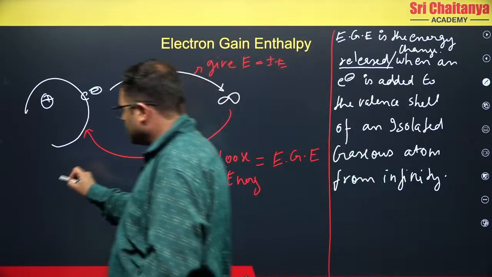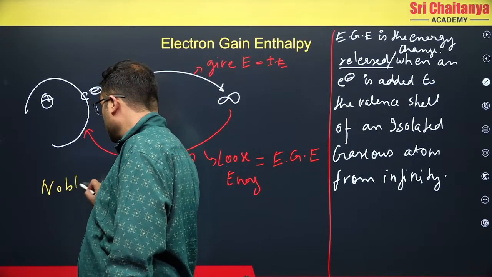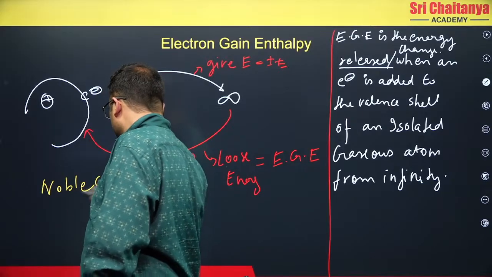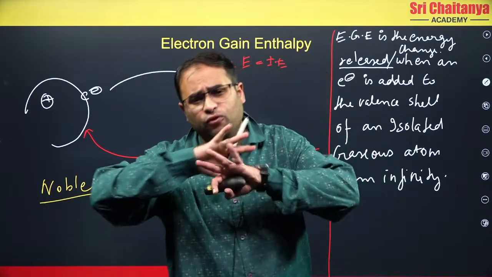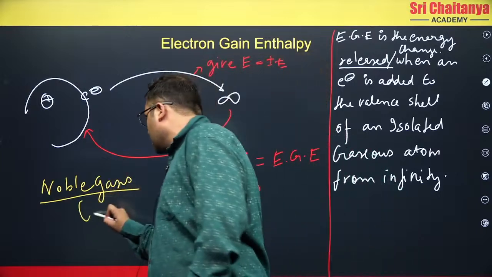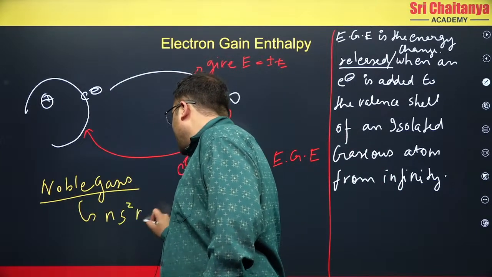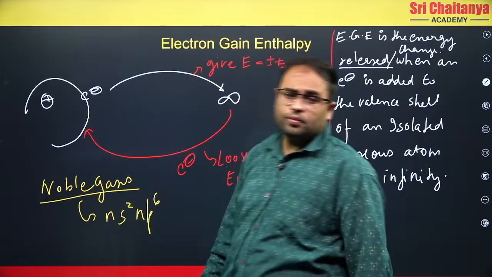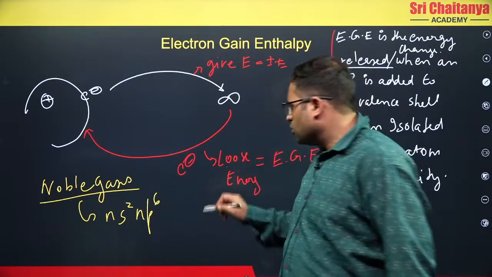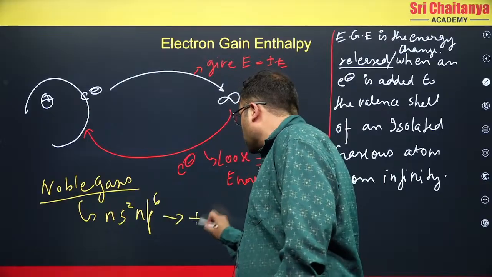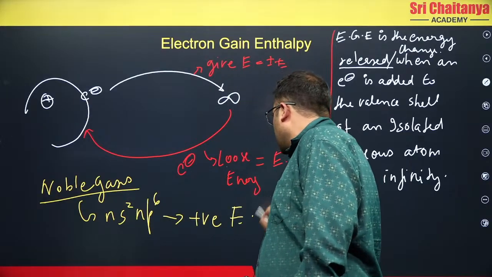Those are noble gases. Why? Because noble gases have a complete, full octet configuration, ns2 np6. The octet is complete, so they don't want to gain any electron. So they will have positive electron gain enthalpies.